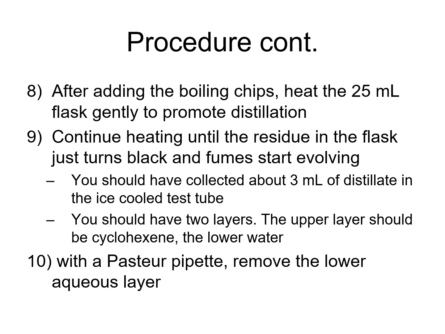Then you take that test tube with those 2 layers, and you're going to use a pasteur pipette and remove that lower aqueous layer. We want to get as much of that off as possible, but try not to remove any of that top layer. So you just submerge it in the test tube at the very bottom and slowly pipette out that water layer. Hopefully all you'll have left is a cyclohexene layer at the top.